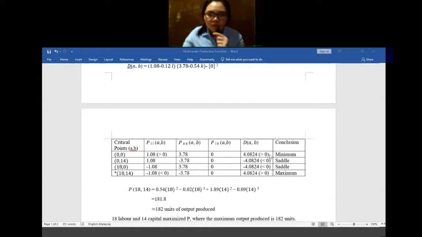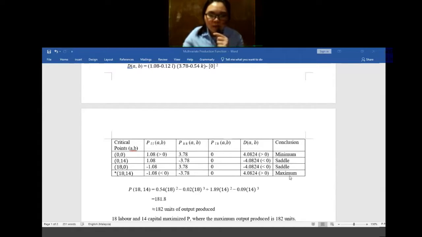So the point is a saddle. And the last critical point, (18, 14), D is greater than 0. And the second derivative with respect to L is less than 0. So the point is a maximum.